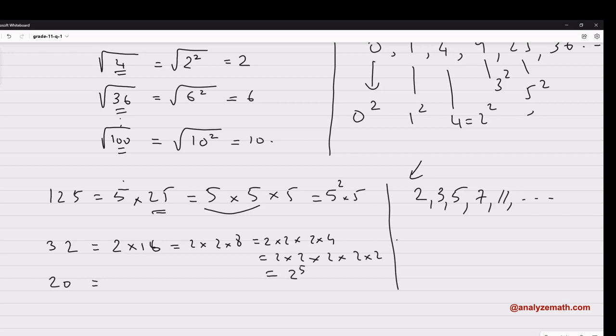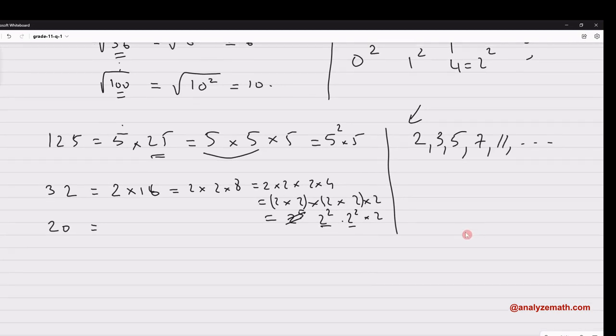Better, let's write it as 2 power 2 times 2 power 2 times 2. Why? Because we need perfect squares. Good, let's go to 20. 20 divisible by 2, yes. 10 divisible by 2, yes. Make a perfect square. 5. Good.